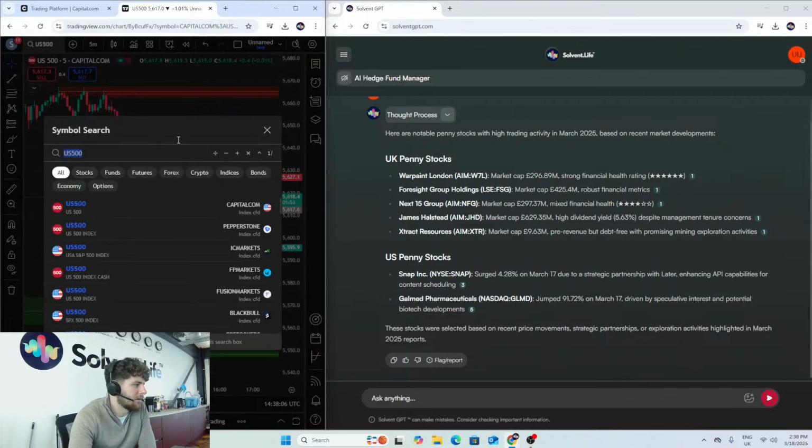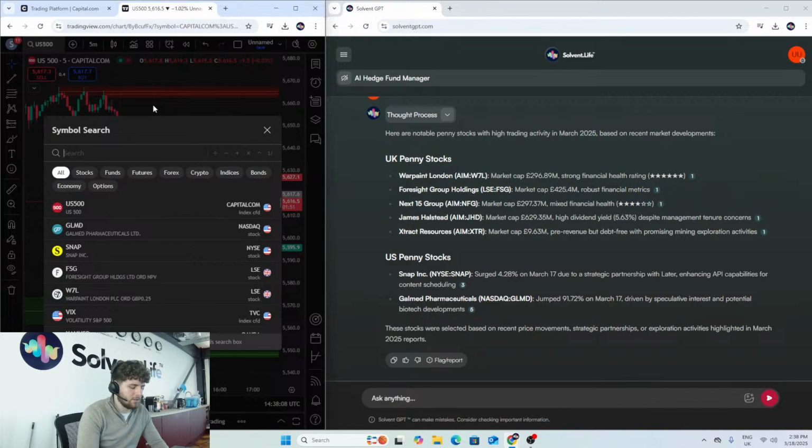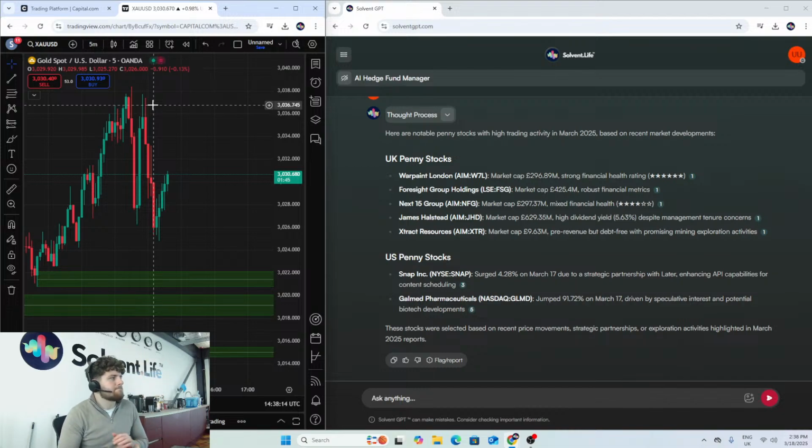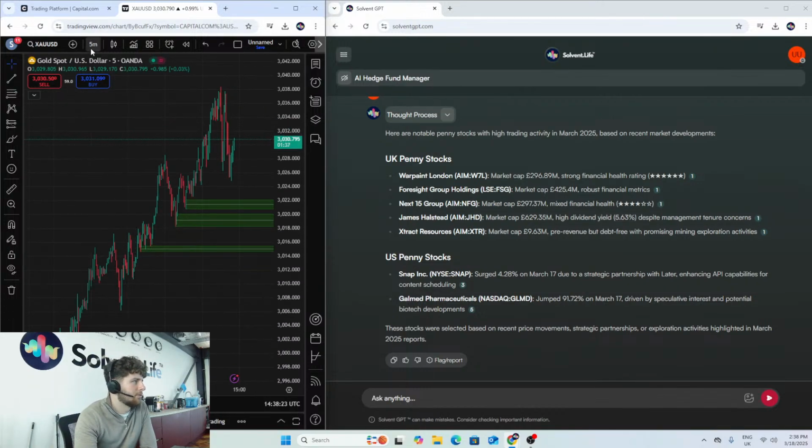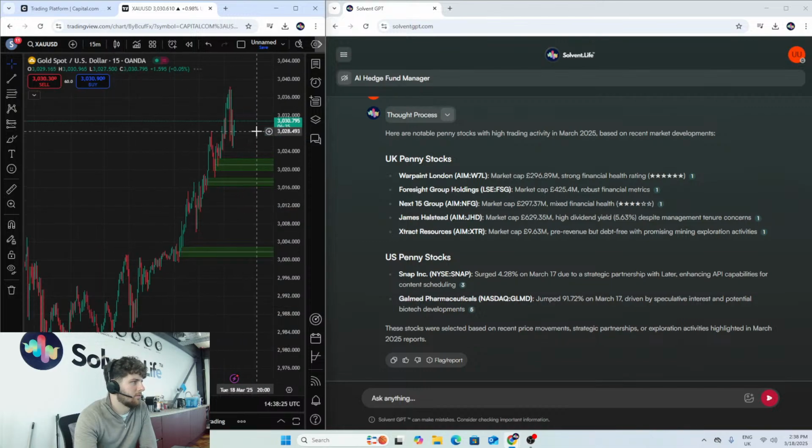Very interesting. Let's take a look at gold, because I know gold went up today. So it's currently about 3,030. Continuing this jump upwards.